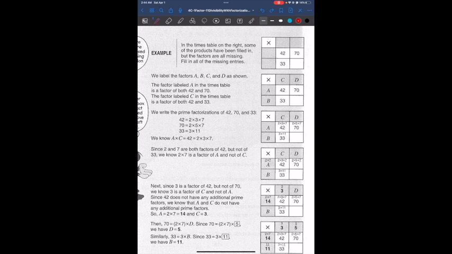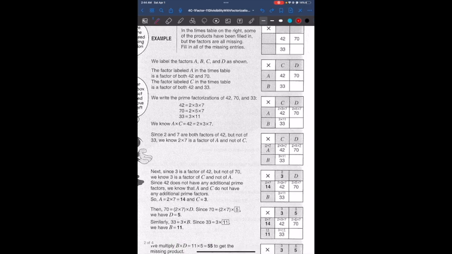Since 2 and 7 are both factors of 42 but not of 33, we know that 2 times 7 is a factor of A and not C. The reason is that 7 is not a factor of 33, so it must not be involved with C, but it should be involved with A horizontally only.